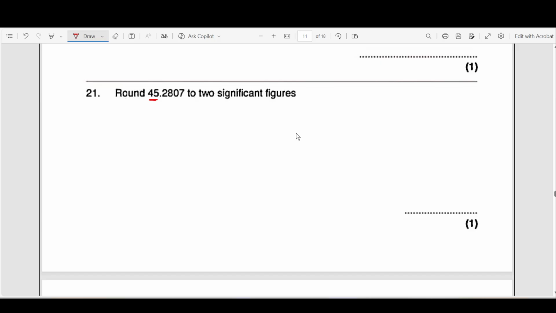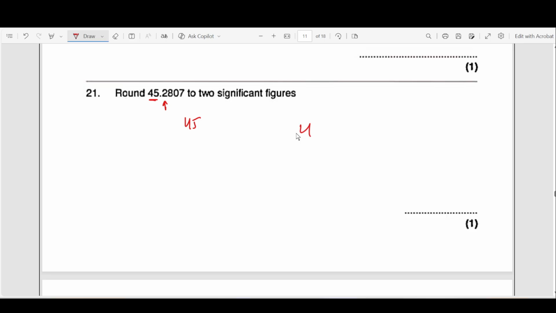We need to round it. The digit immediately following the second digit is 2. Because 2 is less than 5, we are going to round down. So the answer is just going to be 45.